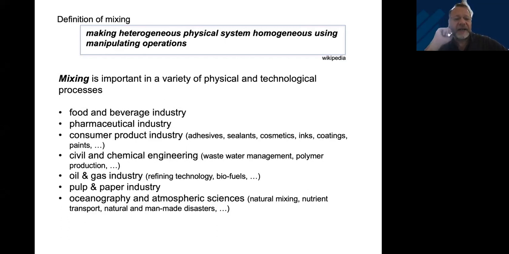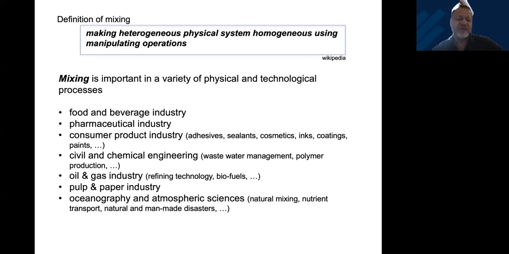I don't think I have to convince you much that mixing is very important in a variety of physical and technological processes. The food and beverage industry is doing a lot of mixing. Of course, pharmaceutical industries use mixing all the time when they mix medication. They probably have one of the highest tolerance standards in the mixing industry.